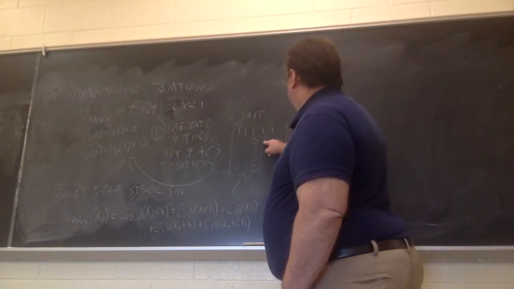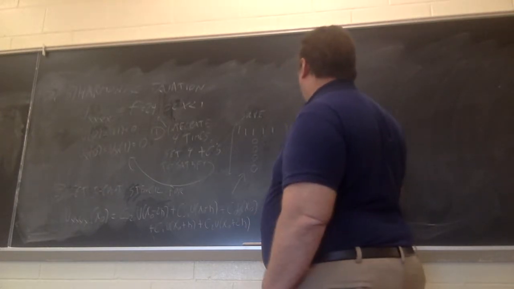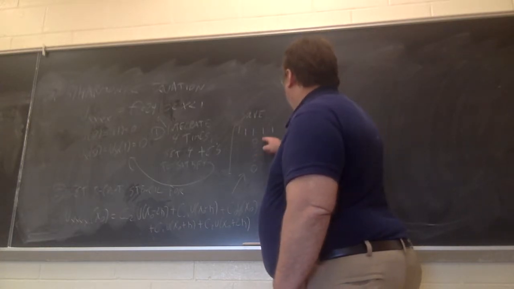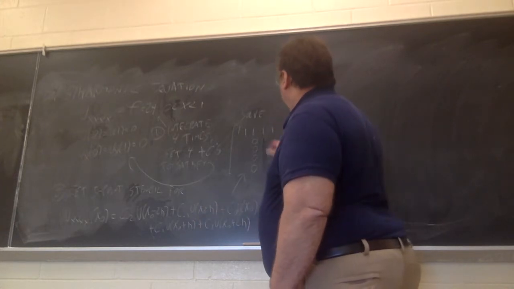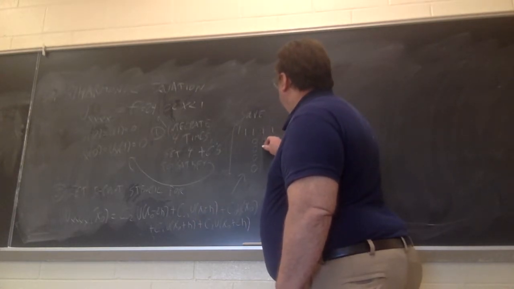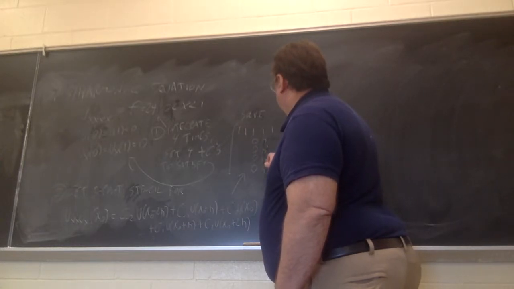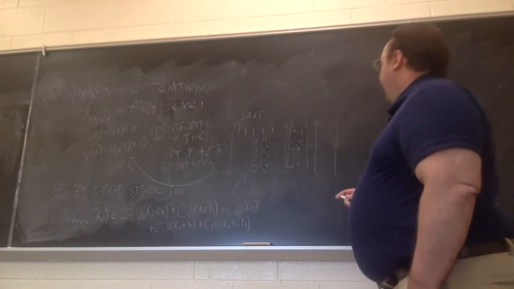Then in this column, so this column corresponds to the coefficient of u of x naught plus h. So I'd have h squared, h cubed, h to the 4th. Okay.